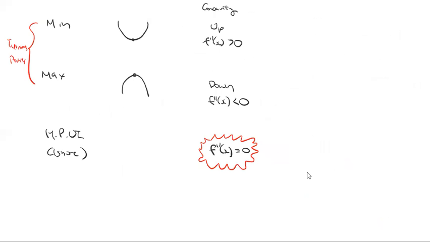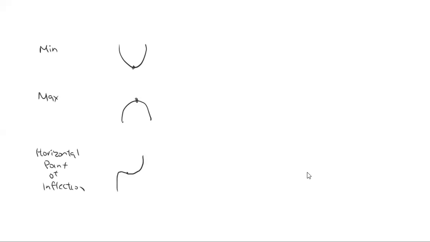So let's now just quickly draw up a nicer, neater version of this. A minimum and a maximum and a horizontal point of inflection. Minimum looks kind of like this. Maximum looks kind of like this. Horizontal point of inflection looks, well, kind of like that. All of them are stationary points.